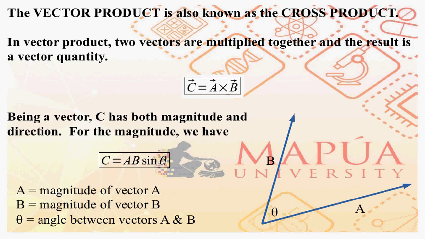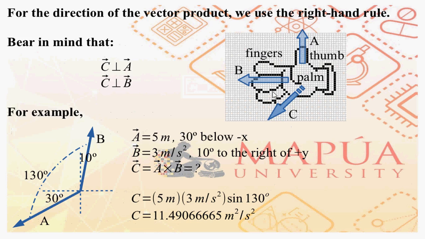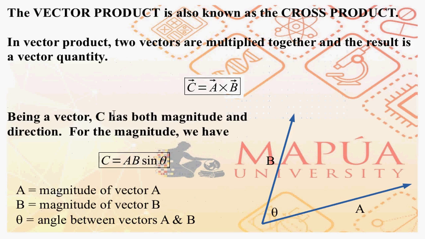For the direction, we use the right-hand rule. So called because you use your right hand to determine the direction of the vector. We are multiplying A and B together, vector A times vector B, A cross B. The first one in the equation is A, so we'll refer to A as the first vector, and B is second in the equation, so we'll refer to B as the second vector.